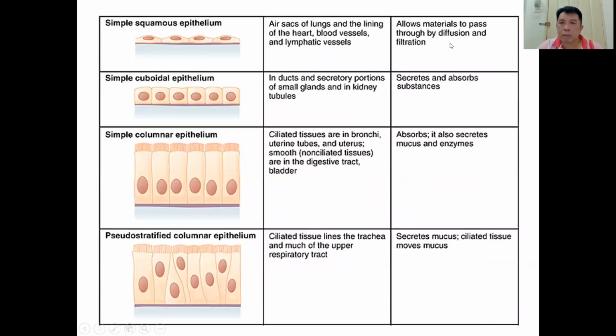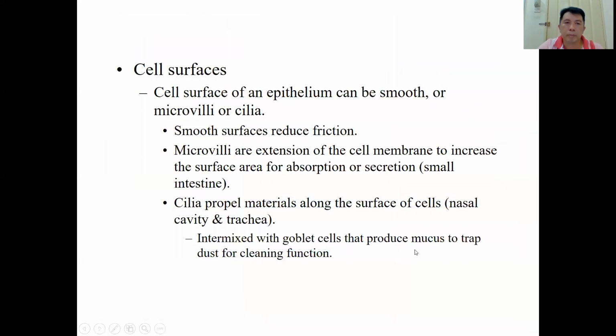This one is very thin, for diffusion and filtration. This one is slightly thick, so they absorb, because they need to have mitochondria. This one is for absorption and also secretion. And pseudostratified secretes mucus, and has ciliated cells to move the mucus.